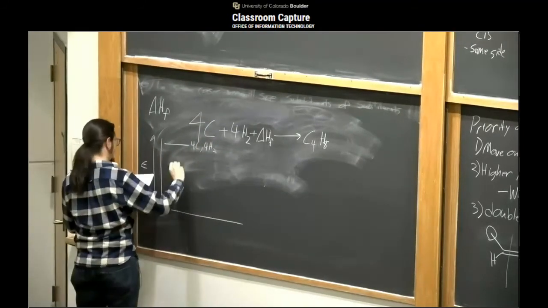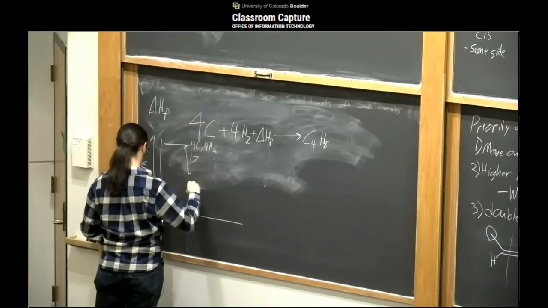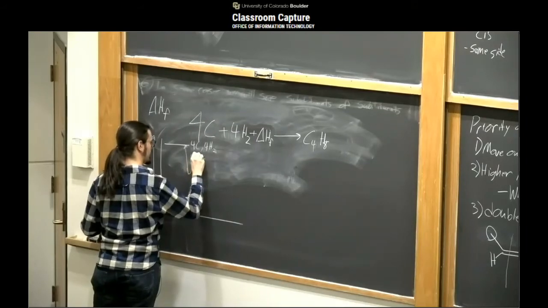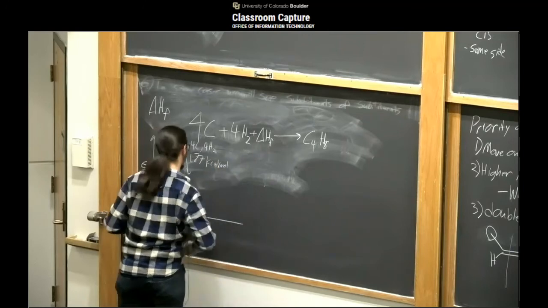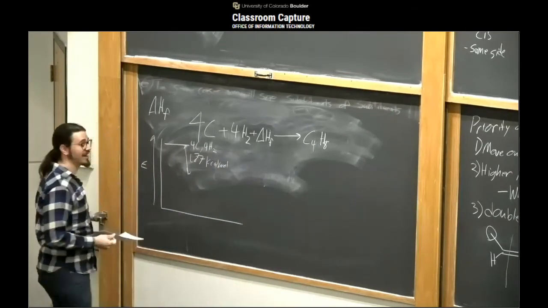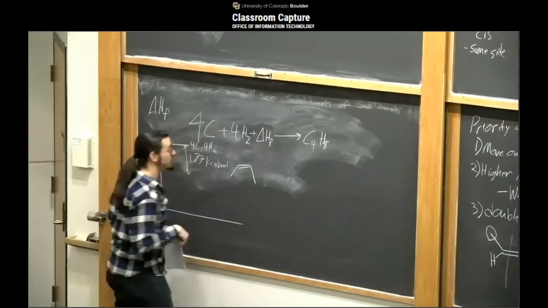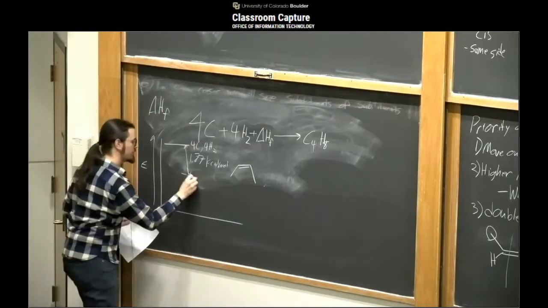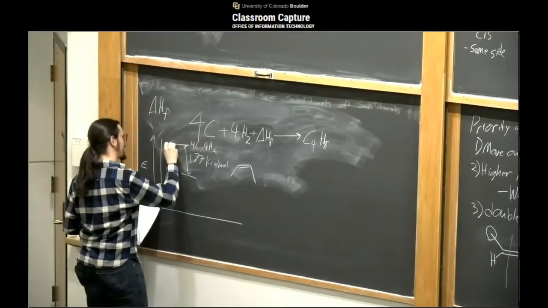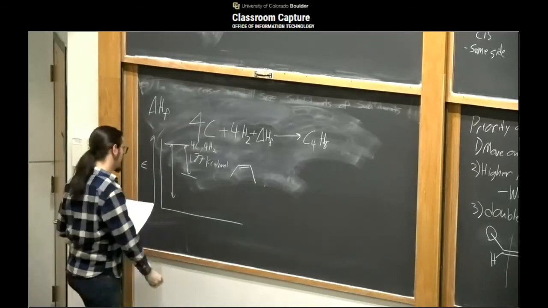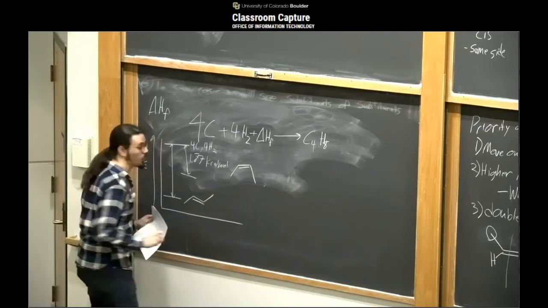There is a 1.7 kilocalorie per mole difference between its component atoms and the cis alkene, so 2-cis-butene. And then a 2.72 kilocalorie per mole difference between its component atoms and the corresponding trans alkene.